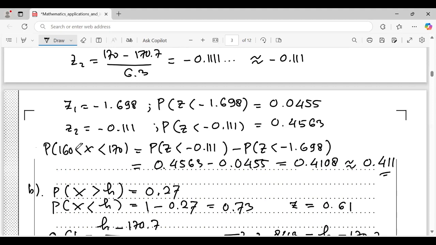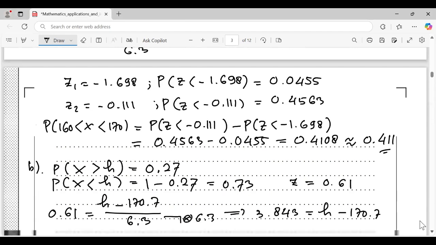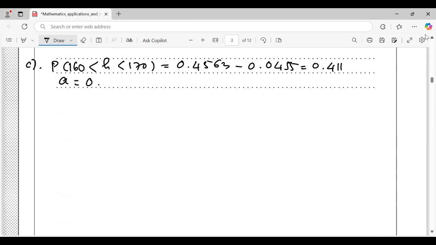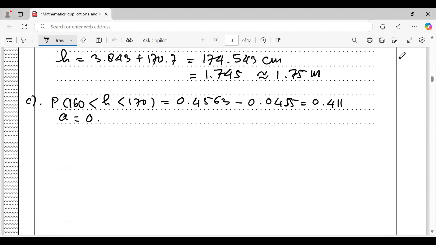Okay, but this is probability X, 160 to 170, and I have changed becomes H. So A equals 0.411 multiplied by 200, the population, 82.20. So that is A.